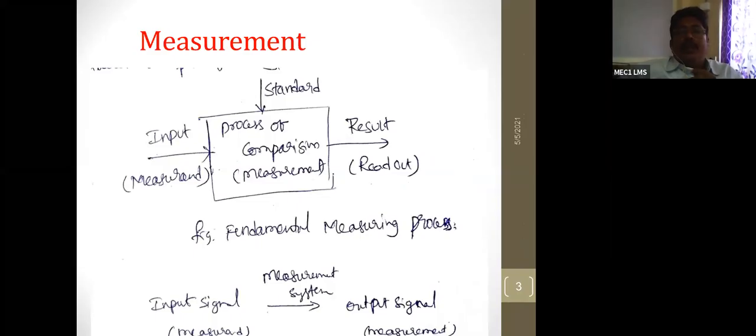Before that, we have to know measurement. We already discussed the measurement system, and if there is any controlling device, it's a device system and a measurement system. If you observe here the measurement, the input is also called the measuring.